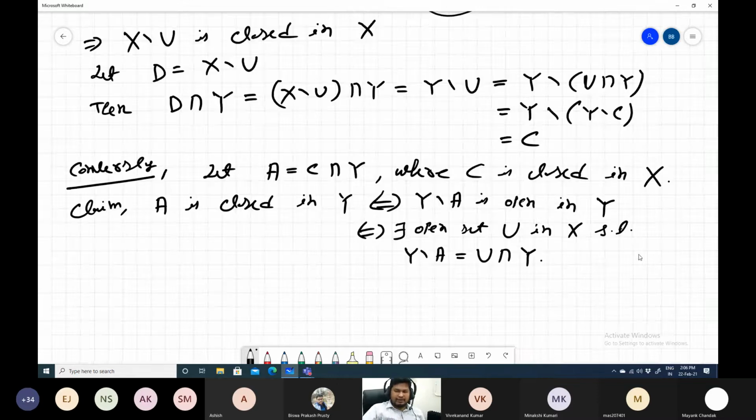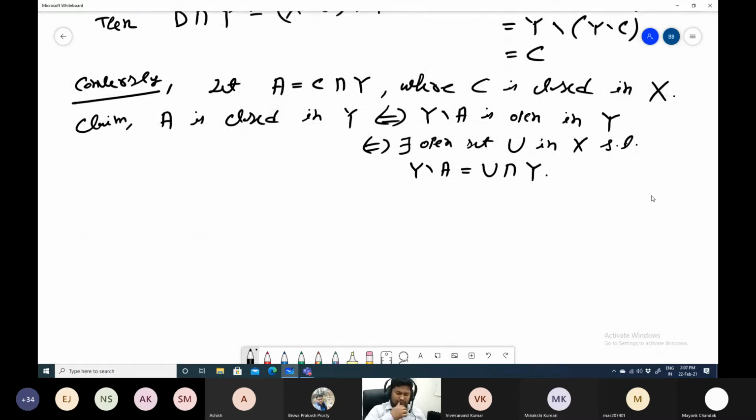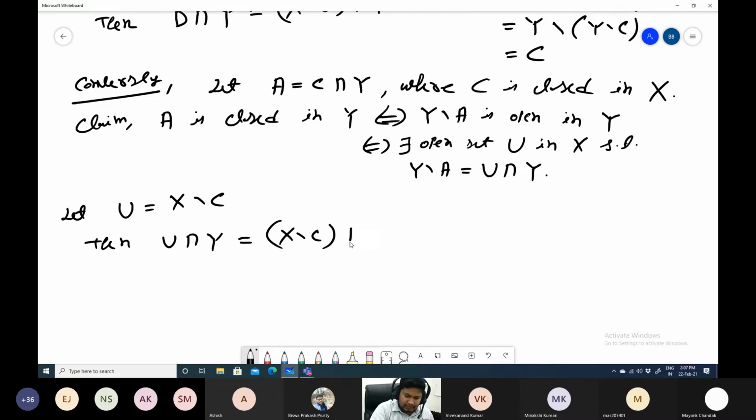Now can you guess what should be your U? Any guess? X minus C. Right, so that is simple. Now this is my claim actually. So U equals X minus C, and then U intersection Y equals X minus C intersection Y, that is Y minus C, right?